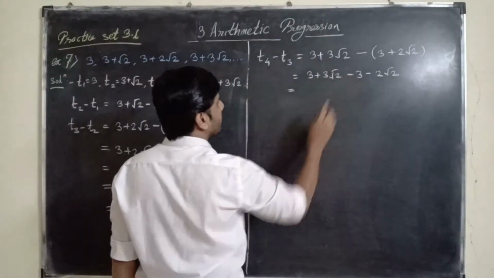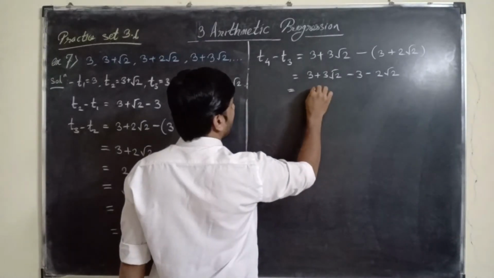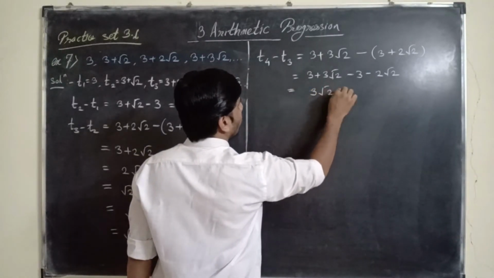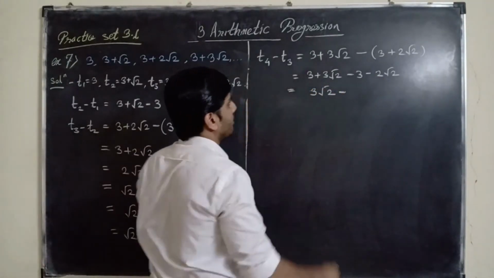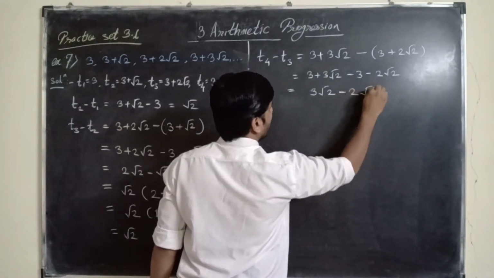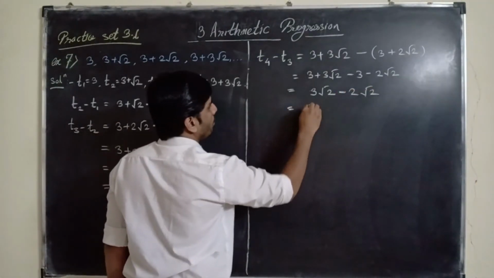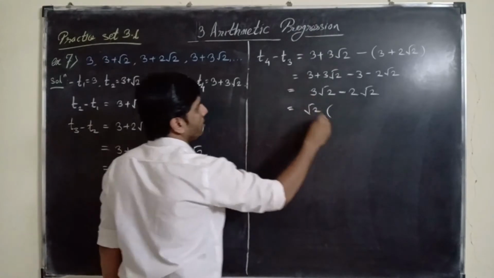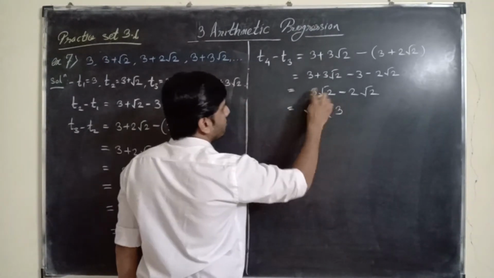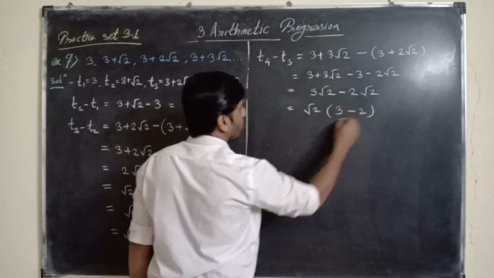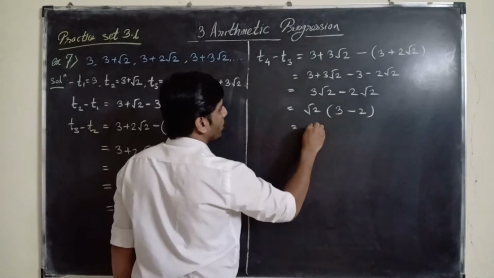Here again 3 minus 3 will become 0 and the remaining terms are 3 root 2 minus 2 root 2. Again we can take root 2 common and the remaining numbers are 3 minus 2. Again we will get 3 minus 2, that is 1.